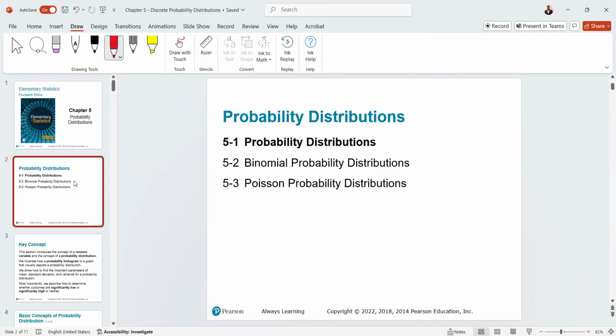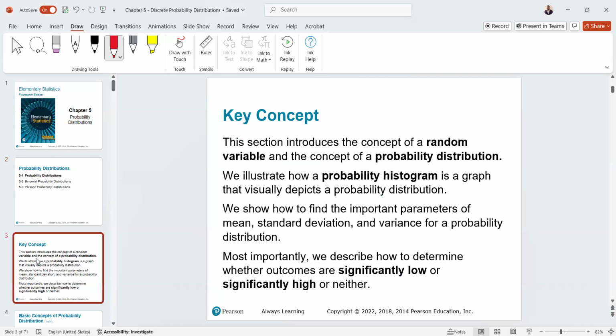We're going to compute the mean and standard deviation of a probability distribution. So we're going to talk about what probability distribution means exactly. The mean and standard deviation can then be used to determine whether results are significantly low or significantly high, or neither.